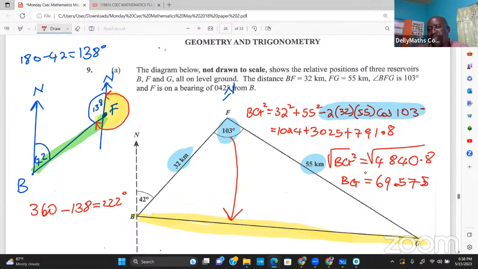But remember, they did say to 1 dp. So BG is approximately 69.6 kilometers. As you could see here, we are doing some tricks, yeah? And you're applying yourself. The main thing is no error, right? Try not to make any error as you flow.